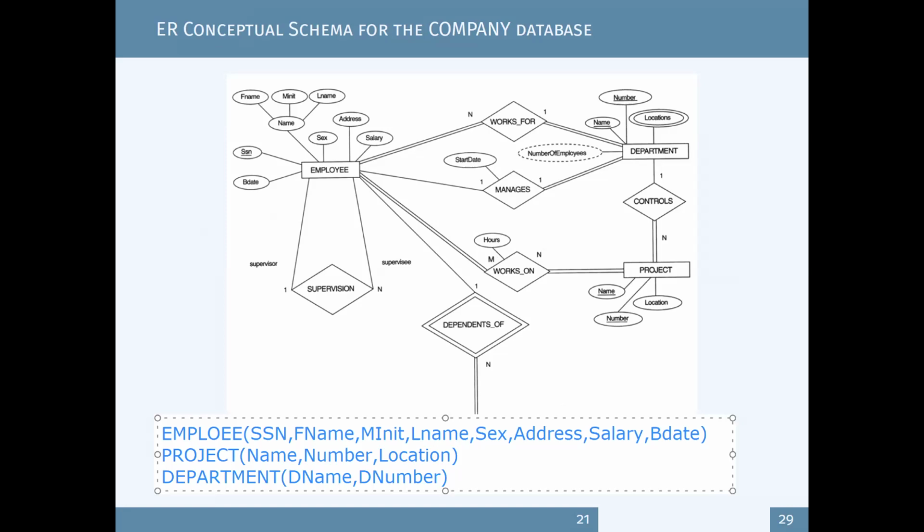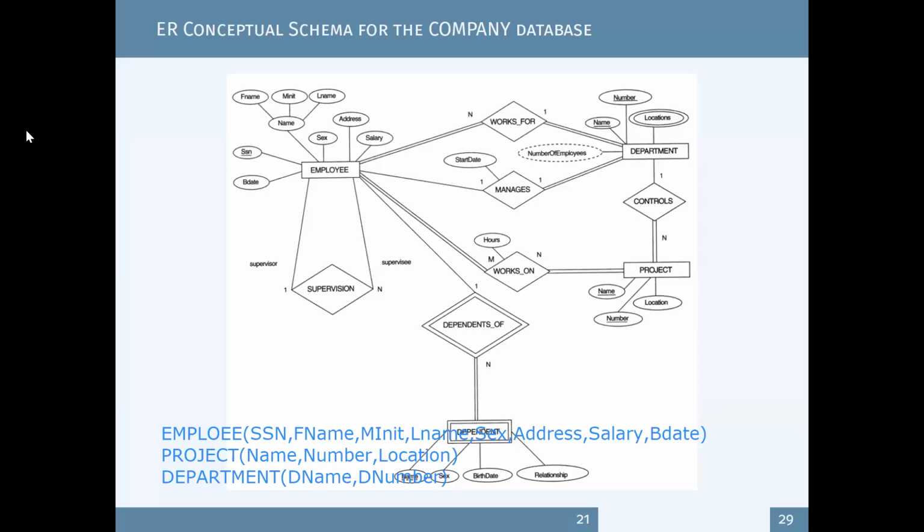Okay, so that's one. The next one is select one of the key attributes and identify it as the primary key. Now primary key means we are going to identify an attribute or a set of attributes to uniquely identify each of the records.